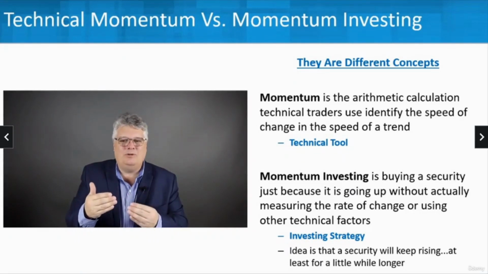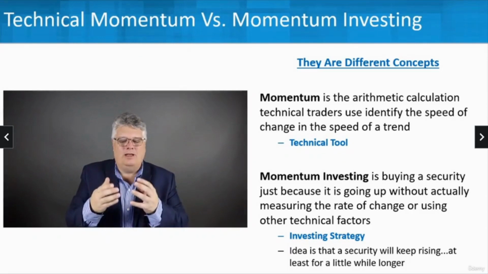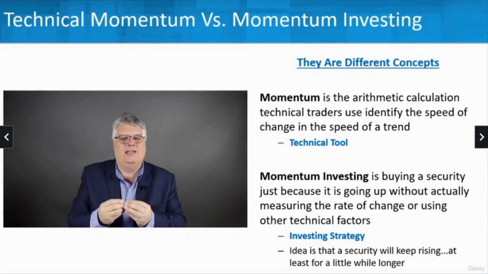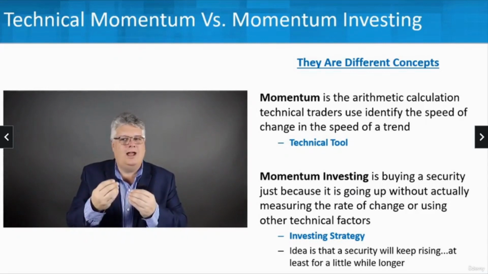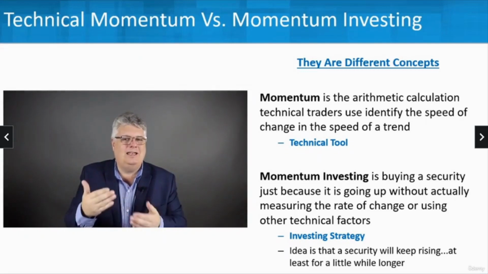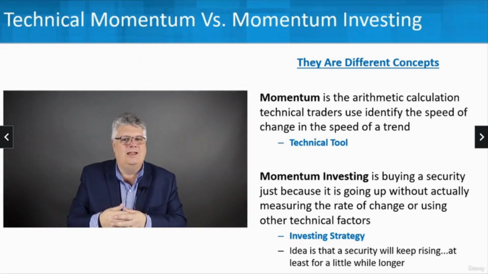But you see the difference between the two? In technical analysis, momentum is a calculation, unemotional, just this is what the math is saying, and we're using that as an indicator to make buy and sell decisions. Where momentum investing is more of a strategy of things that keep going up, especially that type of momentum that'll keep going at least for a little while, but it doesn't get into any kind of technical trading.